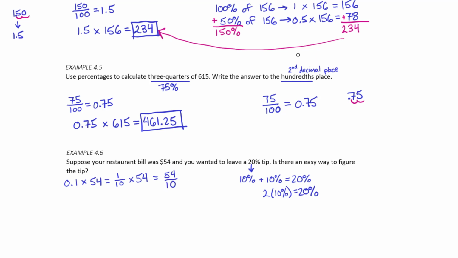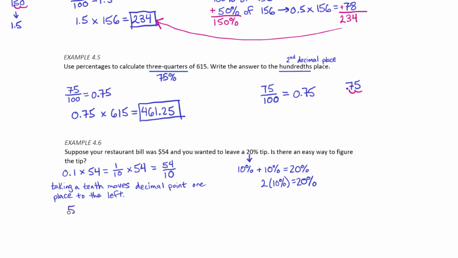Up here, we did 75 divided by 100, and that moved the decimal twice to the left. Now we're doing 54 divided by 10. What's that going to do to the decimal? It's going to move it once to the left. So dividing by 100 moves the decimal point 2 places to the left, whereas dividing by 10 moves the decimal point 1 place to the left.